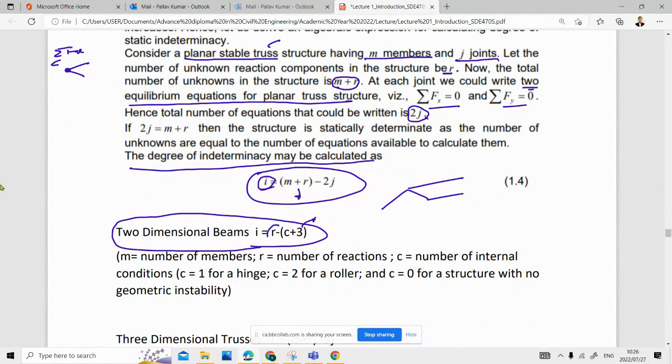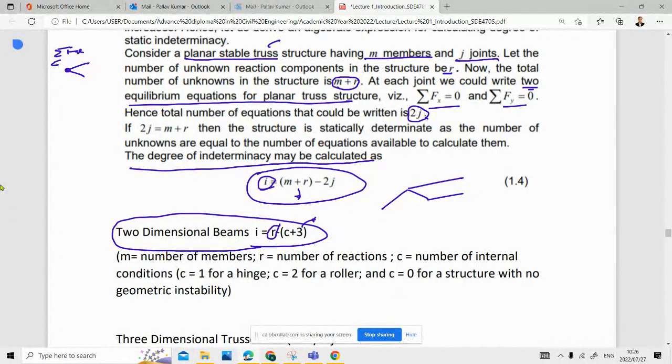So there is a reaction, and C is nothing but, if it is a hinge at some point you use 1, and if it is a roller at some point you use 2.